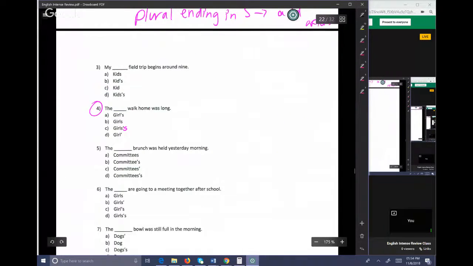Number 4, now that you have C modified, the correct answer to number 4 would be A. The reason I had you modify choice C is actually either of those could have been correct because you don't know whether we're talking about multiple girls or one girl. All you know is it's the girls walk home. So if it's one girl who has a long walk home, we do this.